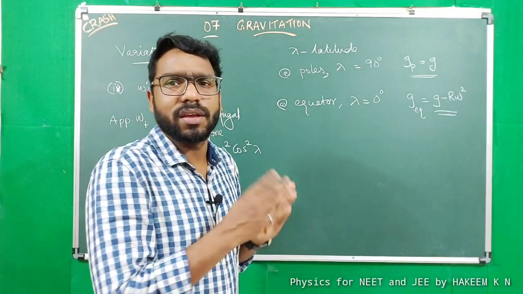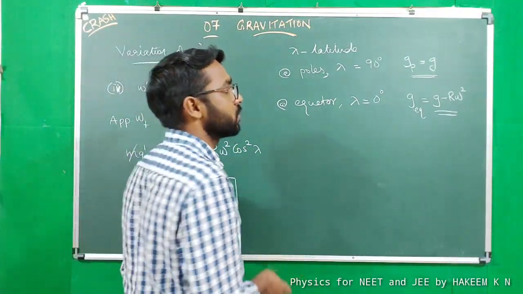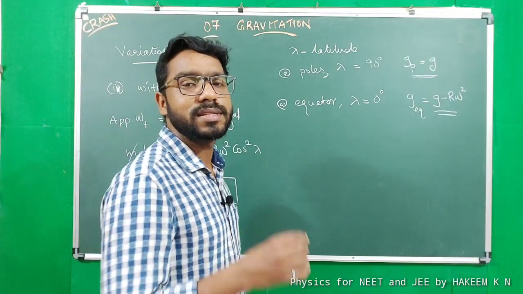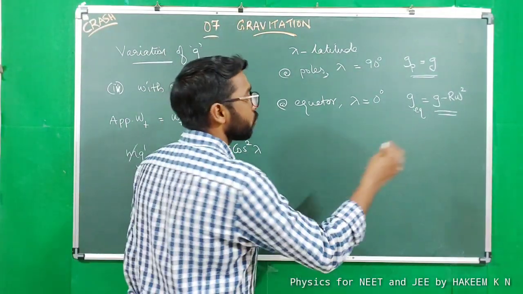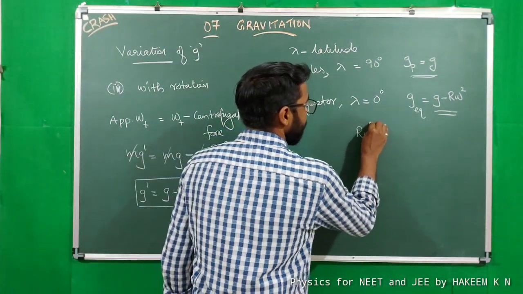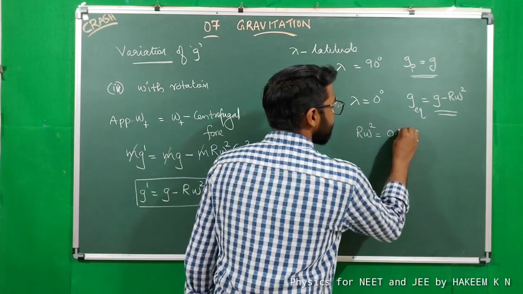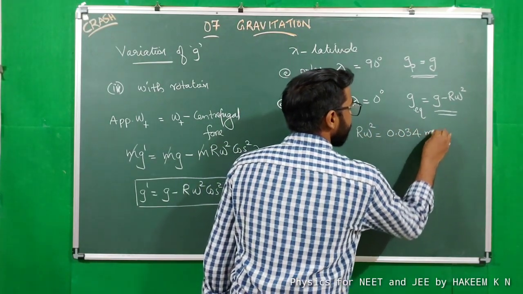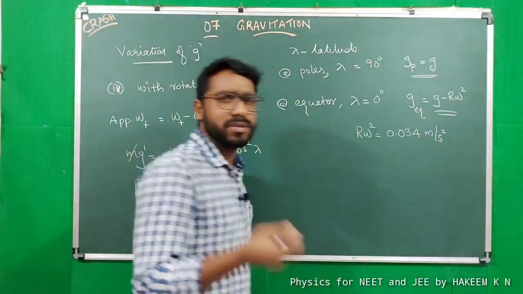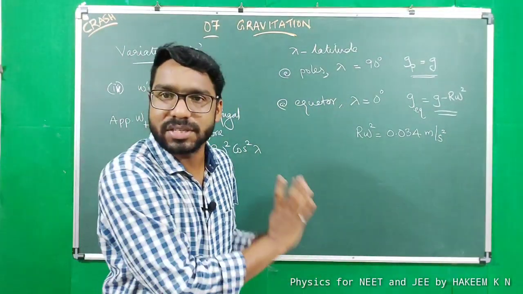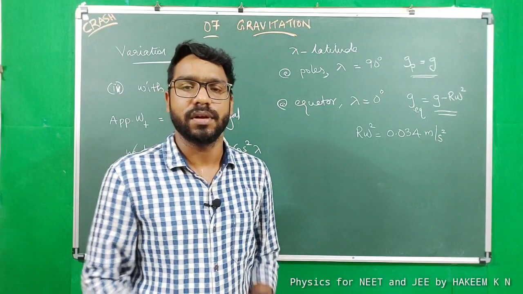By giving the value of omega and the radius of Earth, we get r omega square equal to 0.034 meter per second square. The value is very small, but there is a change due to rotation of Earth at the equator.